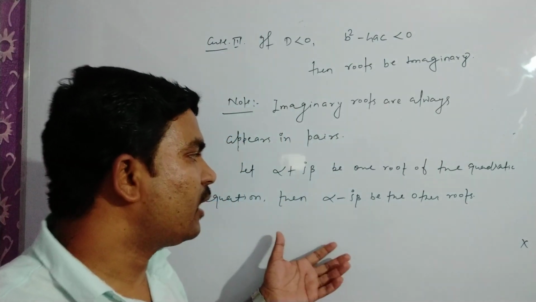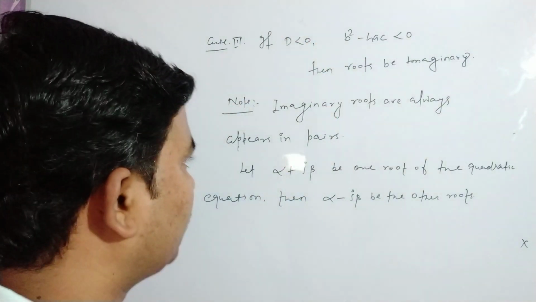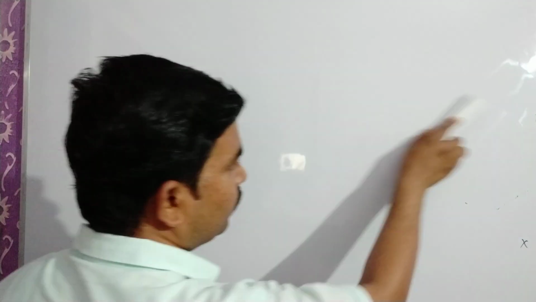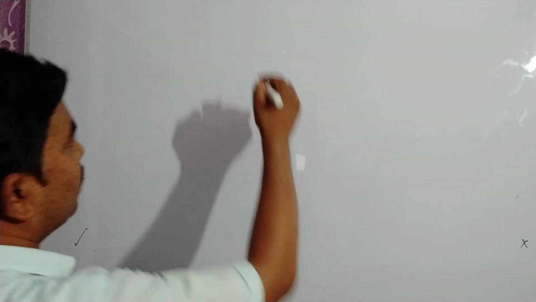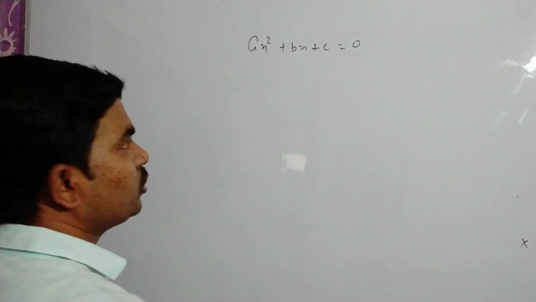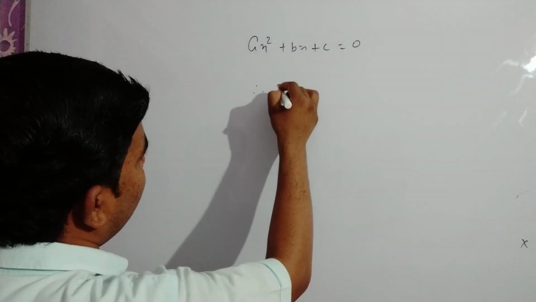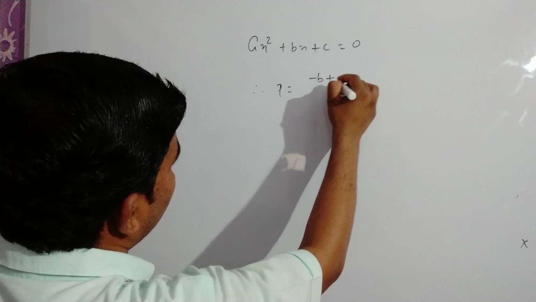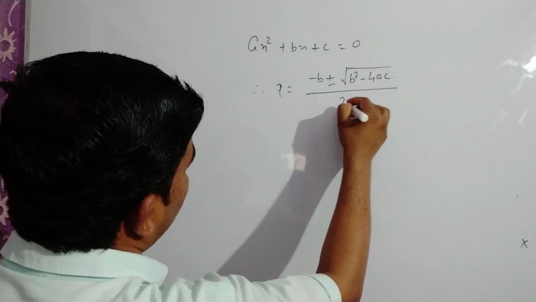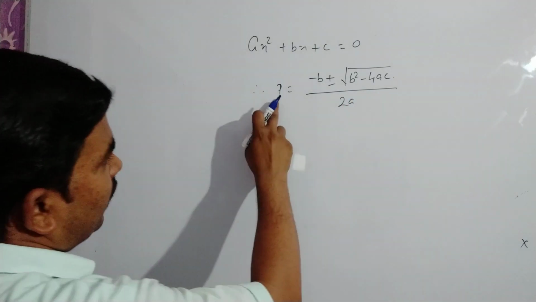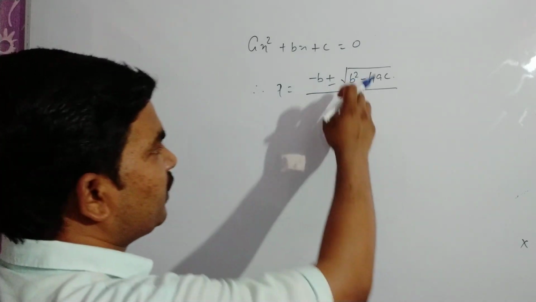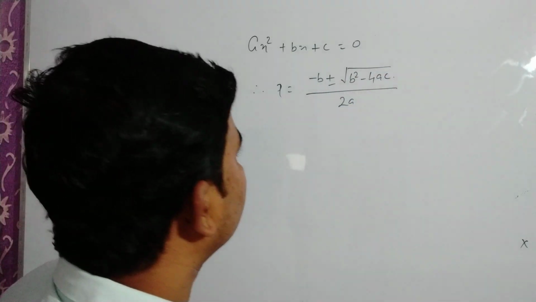Next we will discuss how we calculate the roots. For this we have to solve the quadratic equation. Suppose that the quadratic equation is ax square plus bx plus c equal to 0. If you find the value of x from here, x equal to minus b plus minus square root of b square minus 4ac divided by 2a.